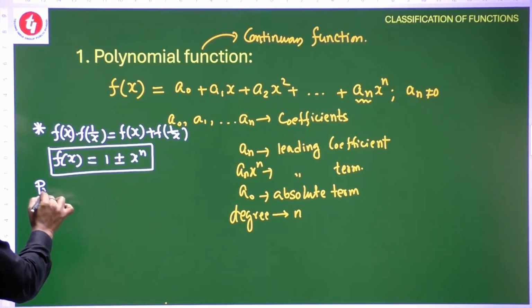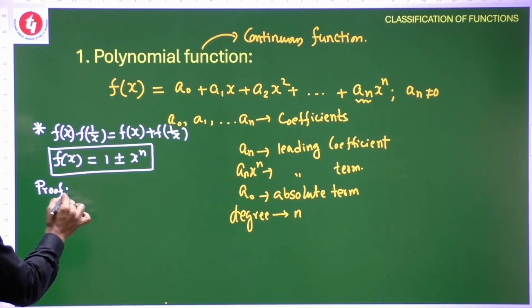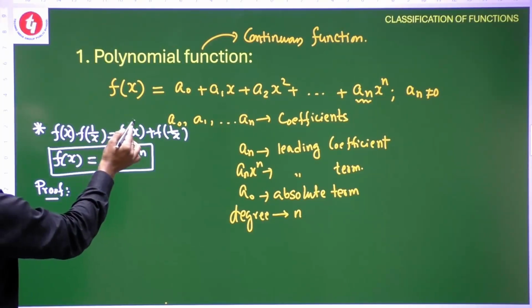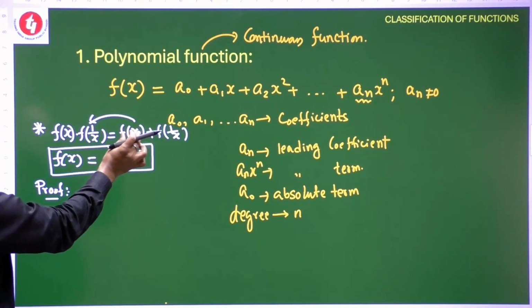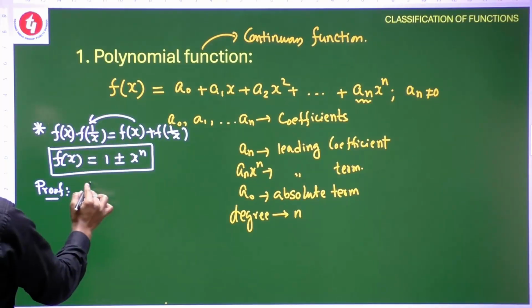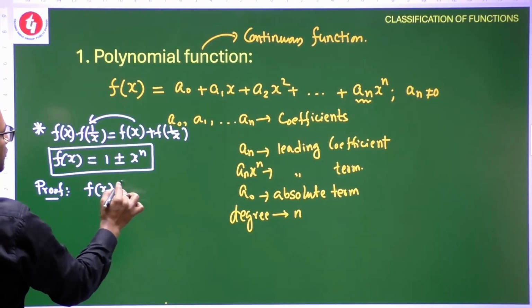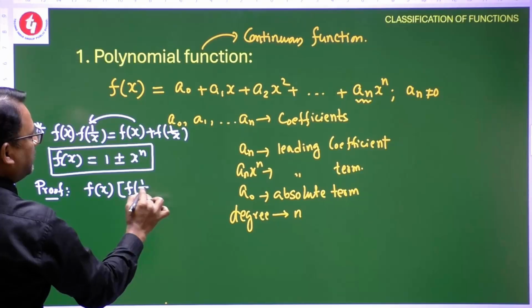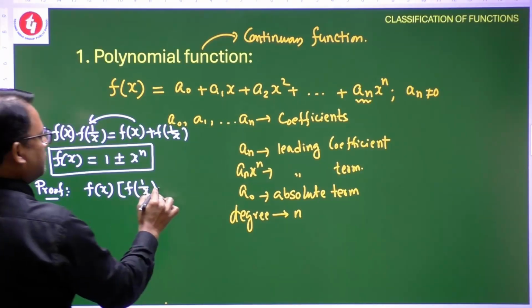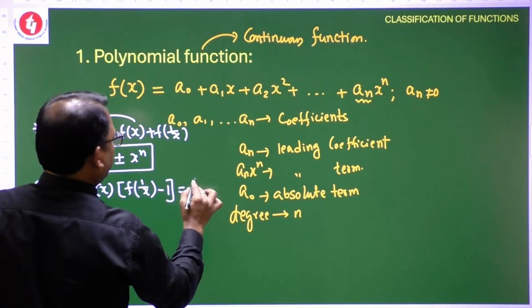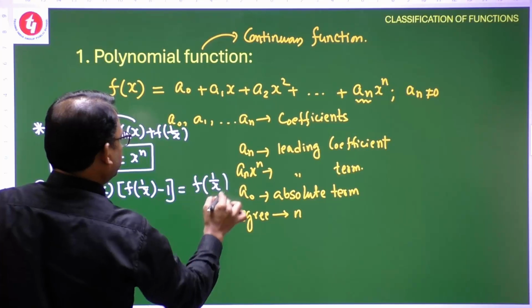Now let's see the proof. The proof is very easy. Shift the first term, f of x, to the left side and take f of x common. What we have is f of x into f of 1 by x minus 1 is equal to f of 1 by x.